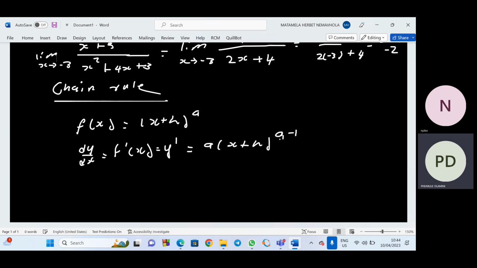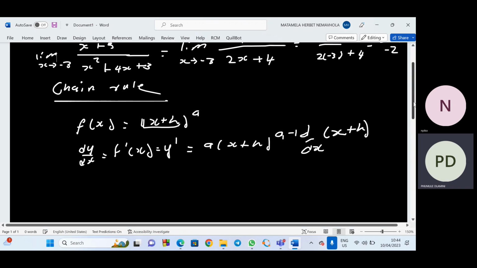This a I'm using can be any number. Then you differentiate what is inside the brackets, d over dx of (x plus h).